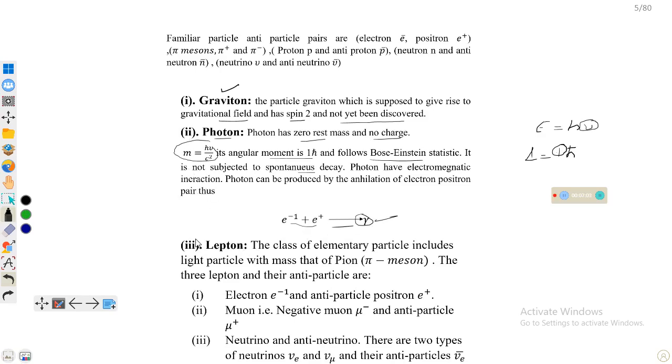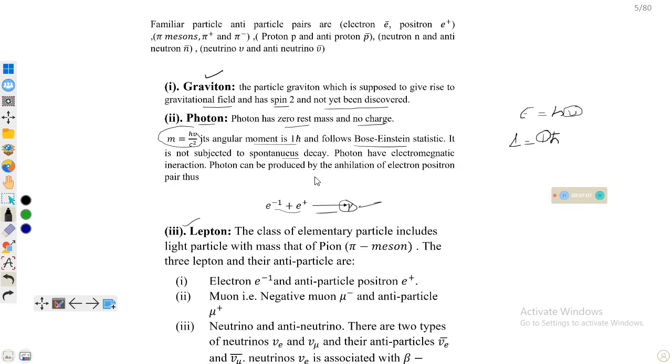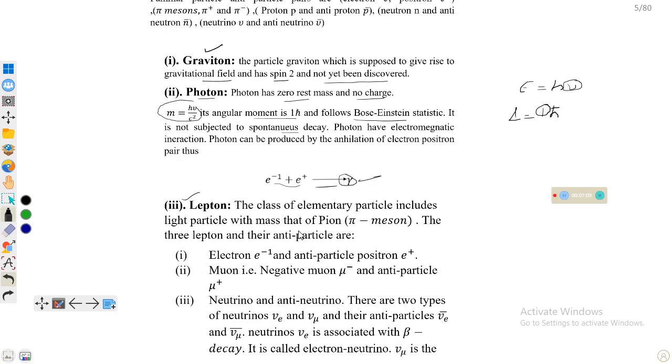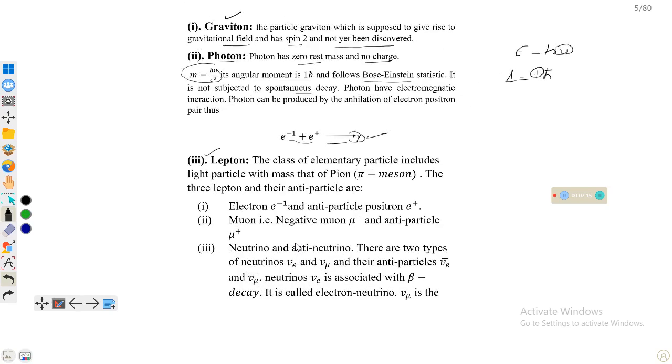The third one is the lepton. The class of elementary particles which includes light particles with mass less than that of the pion, the pi meson, are responsible for the mediation of the weak forces. The leptons and their antiparticles are the electron and its antiparticle the positron, the negative muon and its antiparticle, and the neutrino and antineutrino.